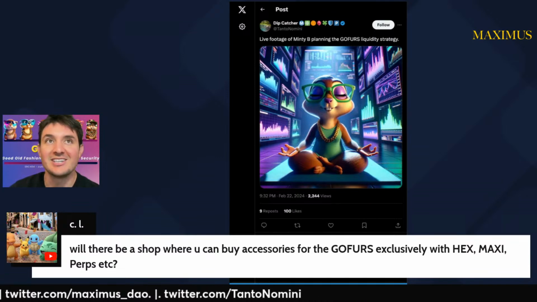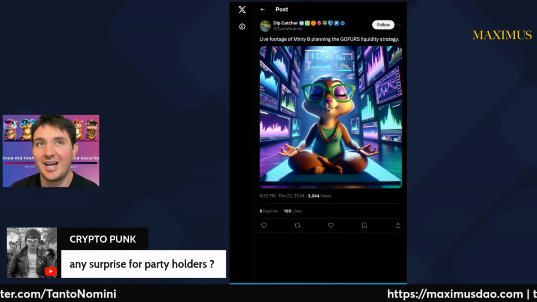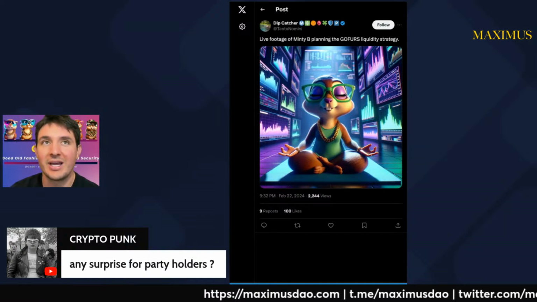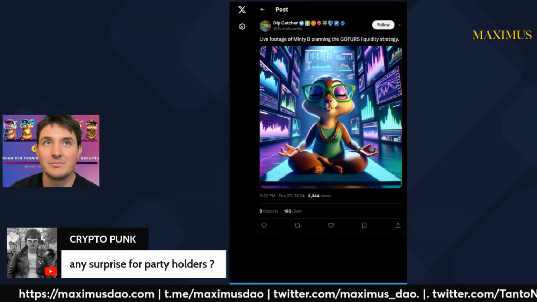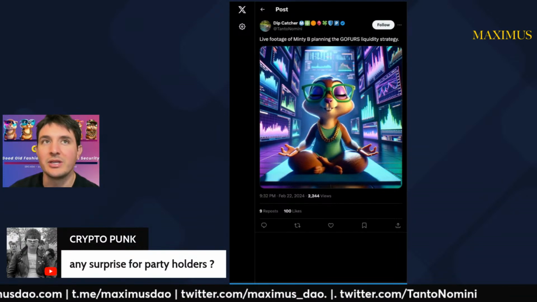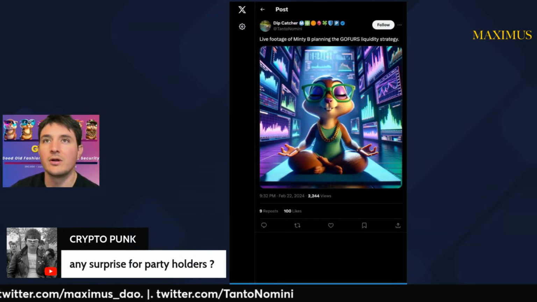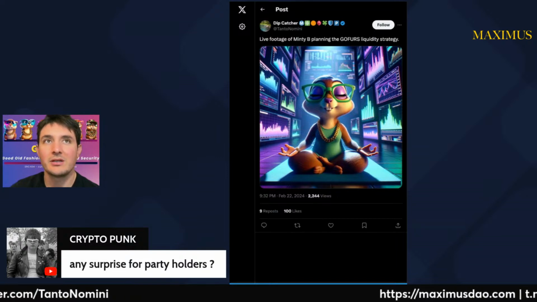Maybe USDC. Any surprise for party holders? Party holders get paid every 2 weeks, so no surprise in that sense, but probably new income streams that are unrelated to the Hex stake pooling platform, or new formats of Hex stake pooling that I think can be really popular.